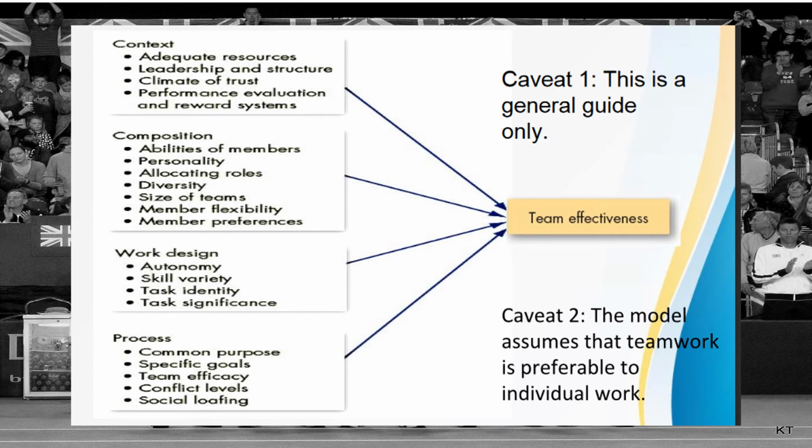Think about the initiation stage of the management process, including the project charter and the identification of key stakeholders, and then the planning stage, including the requirements, the scope, the work breakdown structure, the schedule, the budget, the risk, all these things. Do you have all these in place? Team efficiency: what about the conflict levels in the team? And social loafing, because these things need to be taken into consideration.